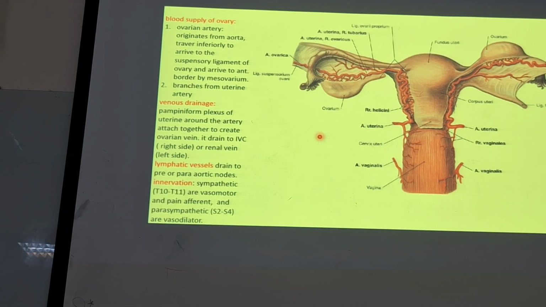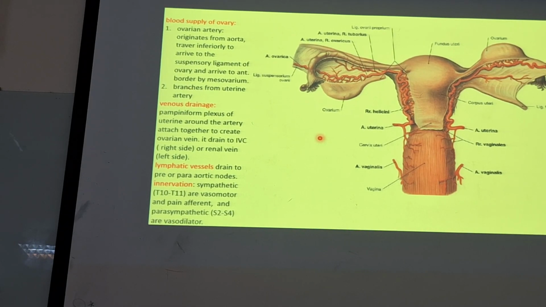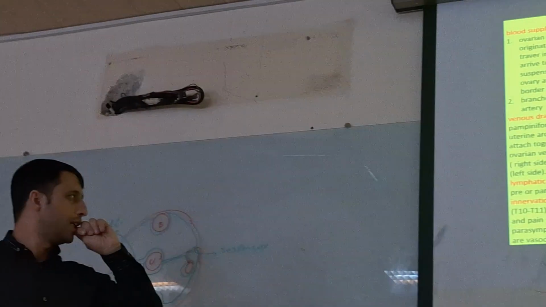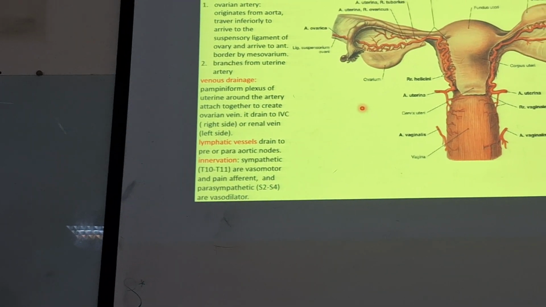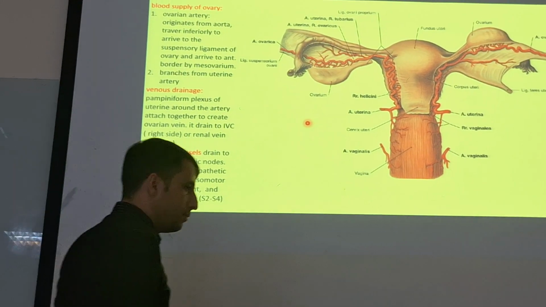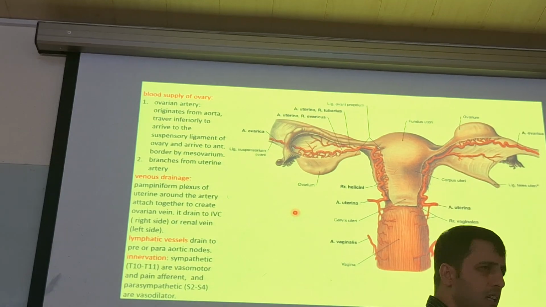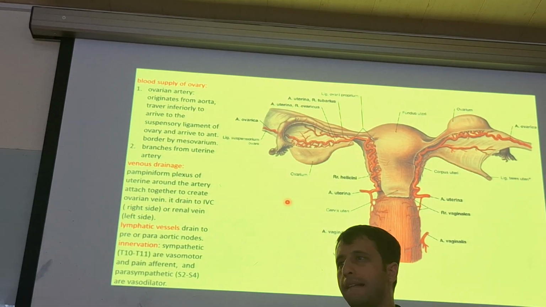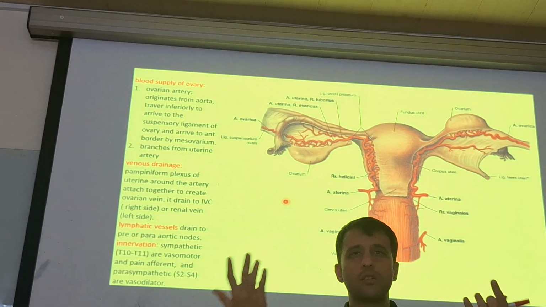The innervation has sympathetic and parasympathetic parts. Parasympathetic fibers are derived from the pelvic splanchnic nerves, from the S2, S3, and S4 spinal nerves. Sympathetic is from T10 and T11 of the spinal nerves.